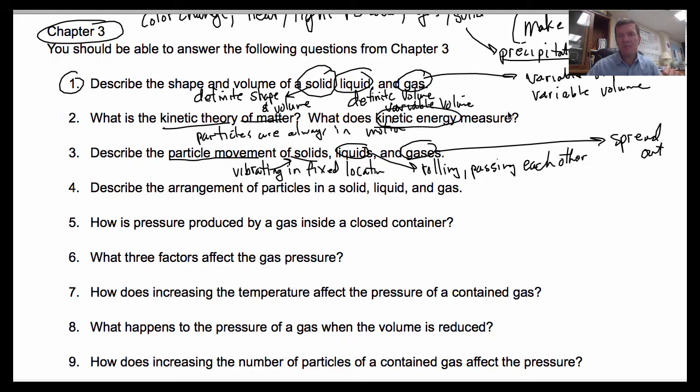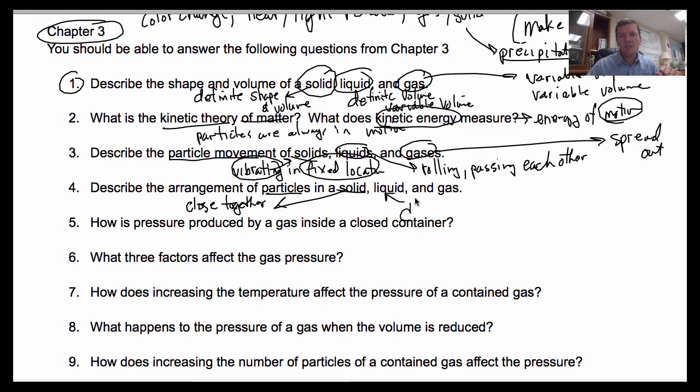Kinetic energy, remember, is measuring what? Energy of motion. If things are moving, it has kinetic energy. The particles in a solid, they are packed closely together, and they are vibrating in a fixed location.